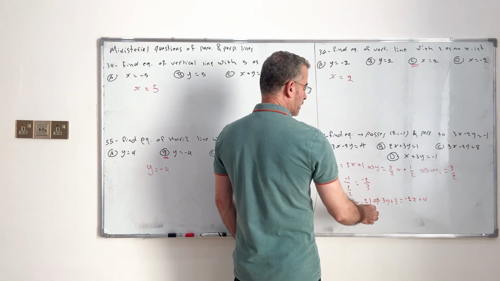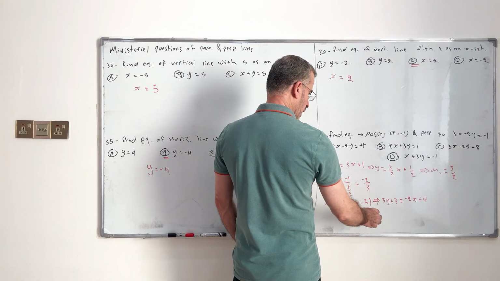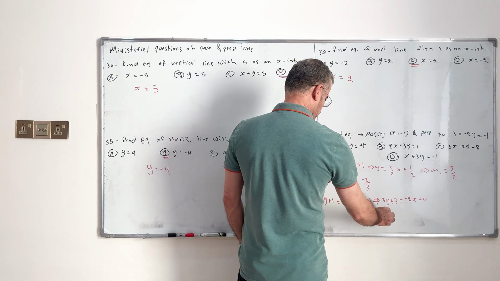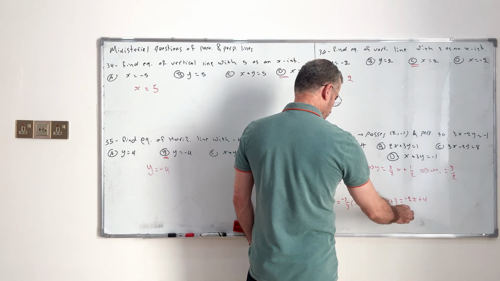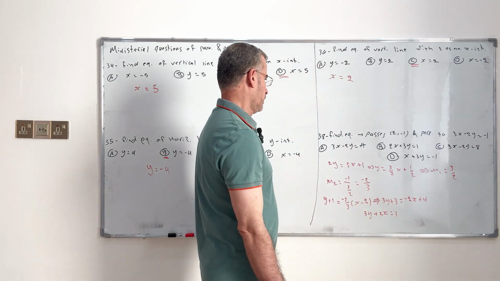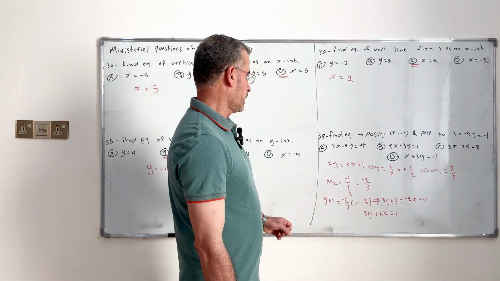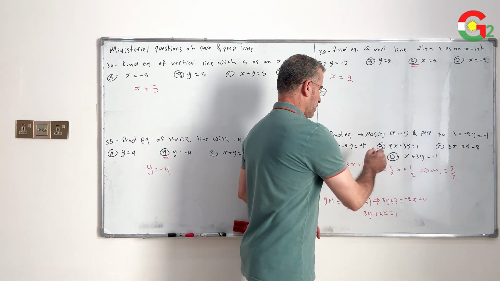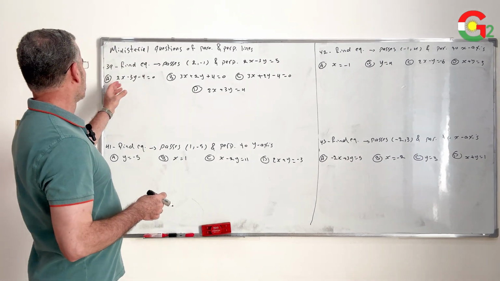Rewrite this equation as 3y + 2x = 4 - 3 = 1. Which is the right choice? It is choice B.